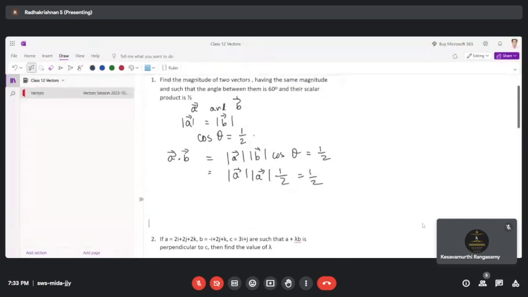So it comes out that magnitude of A squared is equal to 1. So magnitude of A is 1. Magnitude can only be positive.